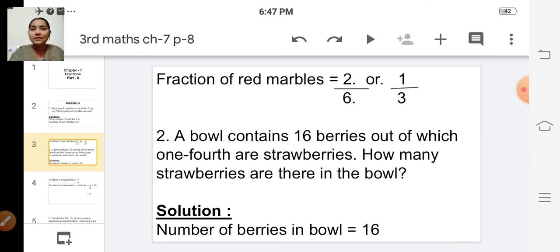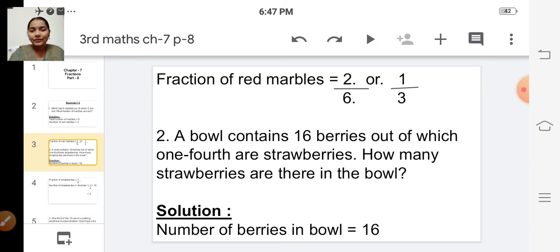So here they have given the fraction of strawberries. What is the fraction? 1/4. How many strawberries are there in the bowl? So in this problem, they have given the fraction and they have asked the number. But in the previous problem they have given the number, 2 red marbles, and they have asked the fraction of red marbles.